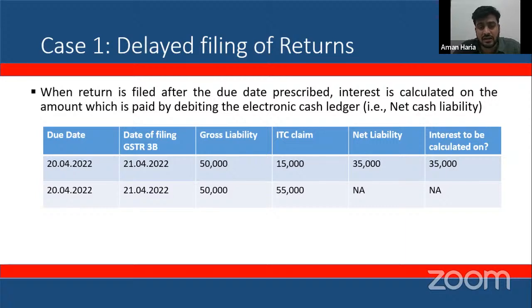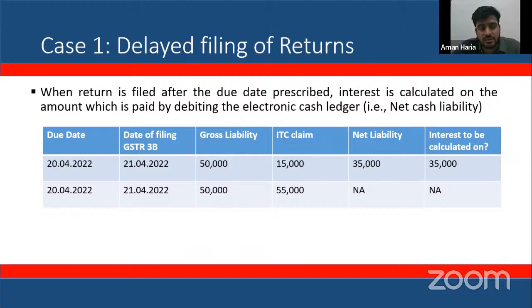Your gross liability was 50,000, ITC claim 15,000, net tax liability 35,000. There was some confusion whether interest was payable on 50,000 or 35,000, and now all of that is put to rest. With this retrospective amendment, it has been clarified that interest will be payable on this 35,000 only. On your net tax that you pay in cash, on that amount only you are expected to pay interest.